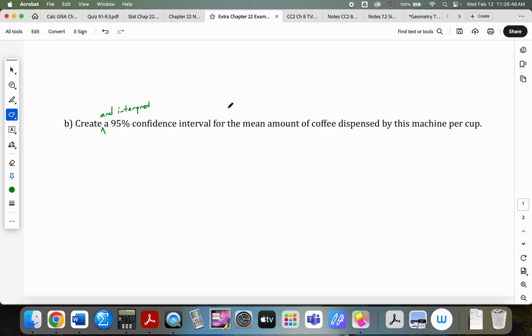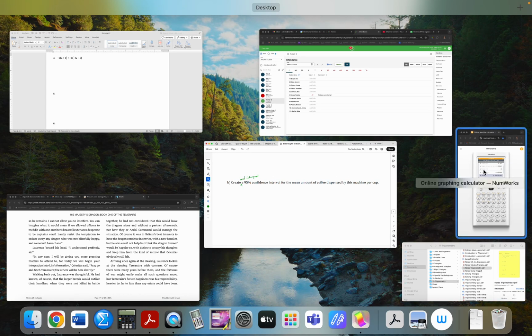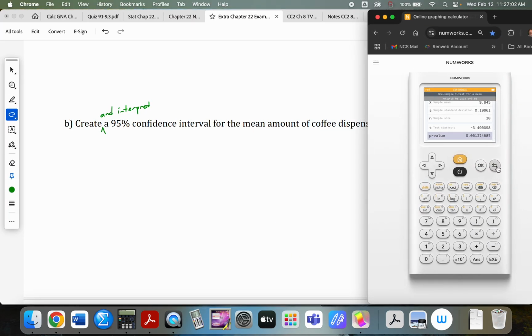Okay. So let's create, and I'm going to add, interpret a 95% confidence interval for the mean amount of coffee dispensed by the machine per cup. So finding the confidence interval is just a matter of using your calculator. Really? I love that. Just click a few buttons and you're there. So we're going back to the intervals.